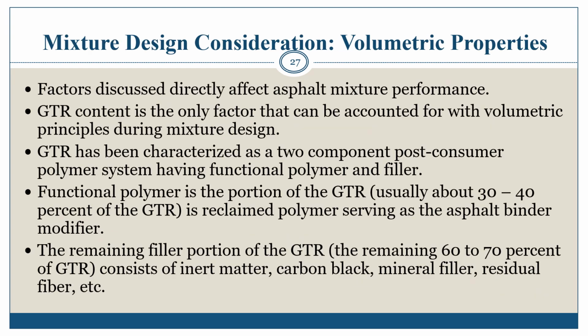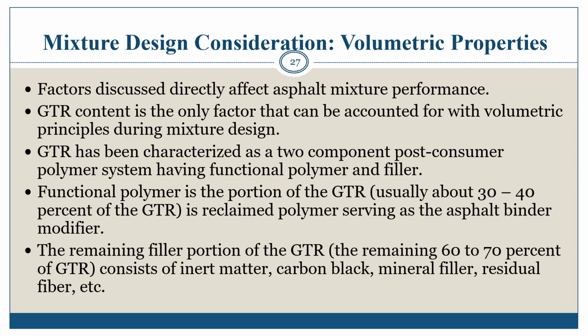These factors directly affect asphalt mixture performance, irrespective of the asphalt mixture design method employed. The amount of GTR in the formulation is the only factor that can be accounted for with volumetric principles during mixture design. For example, GTR has been characterized as a two-component post-consumer polymer system having functional polymer and filler.